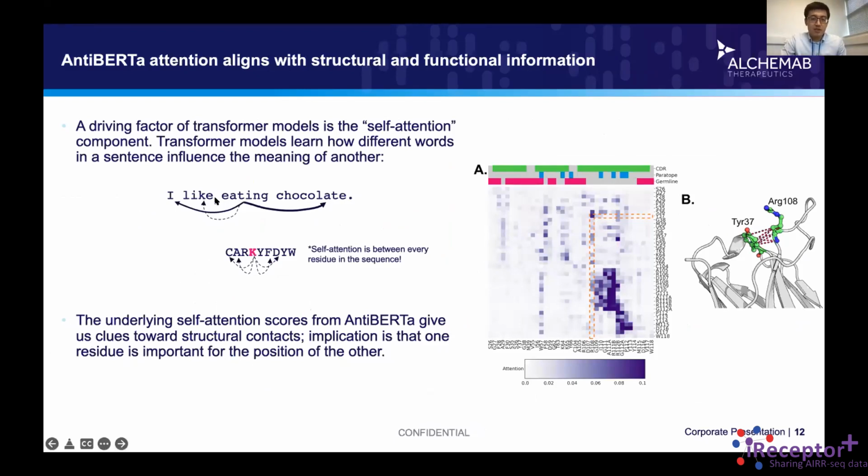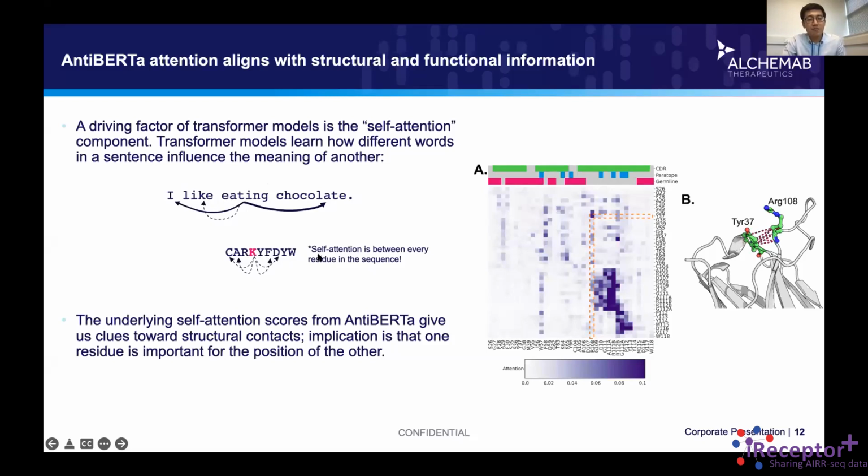Self-attention, in a nutshell, tries to work out how different words are related to each other within a larger sentence. If we go back to the sentence "I like eating chocolate," you could reasonably infer that the word "eating" is very important for the next word, "chocolate," and maybe for the subject "I," but perhaps not as relevant for "like." You can quickly work out the dependencies and importances between the different words. Similarly, for self-attention, you can do that for individual amino acids and how they're related to each other.